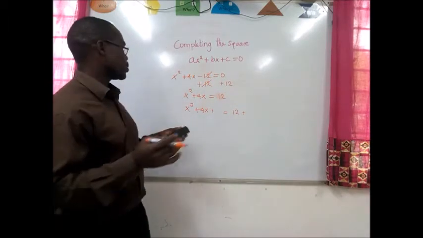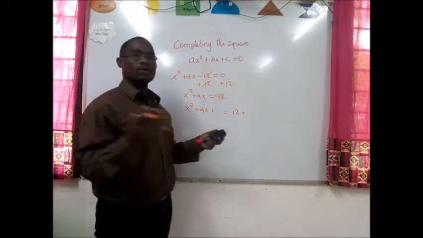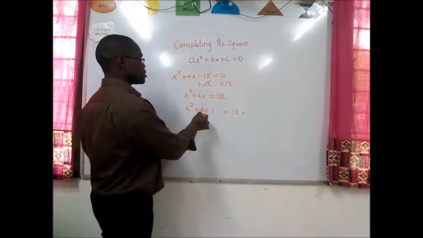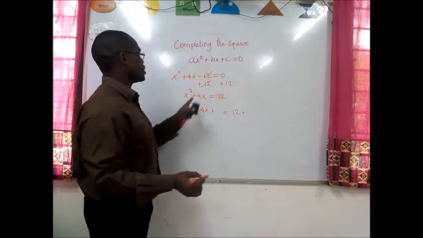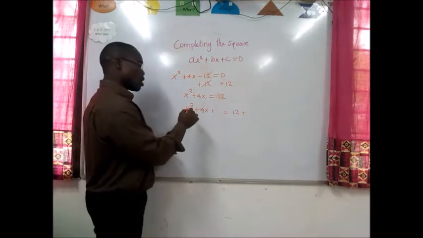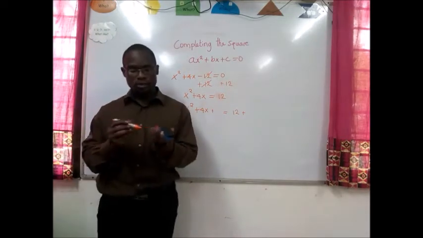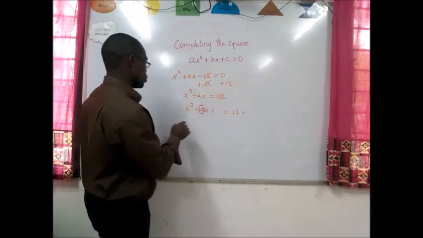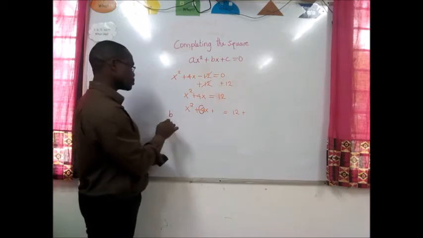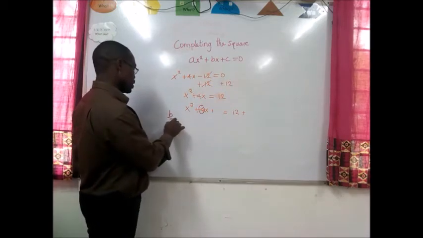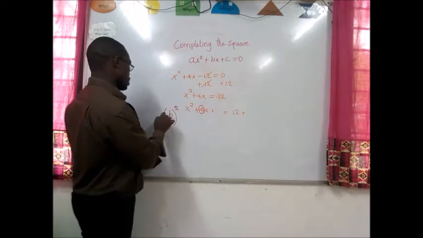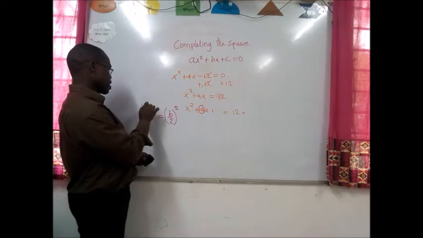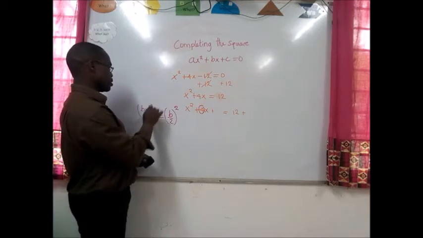Now is when we need to start applying the completing the square concept. Remember, the coefficient of x is b. We say b divided by 2, and then you square. Or you can say b times half, and then you square.